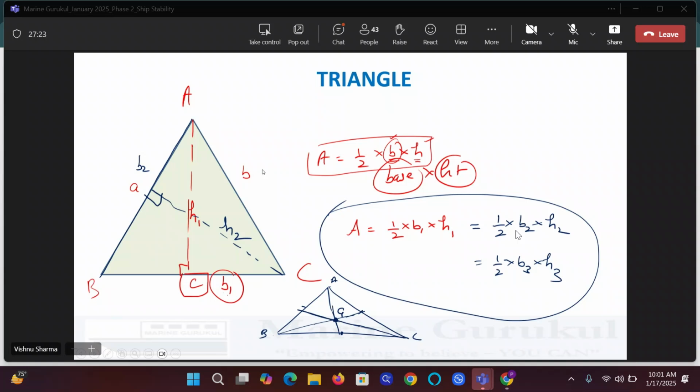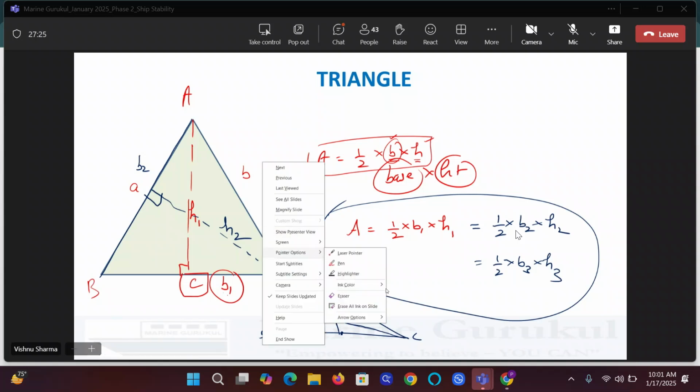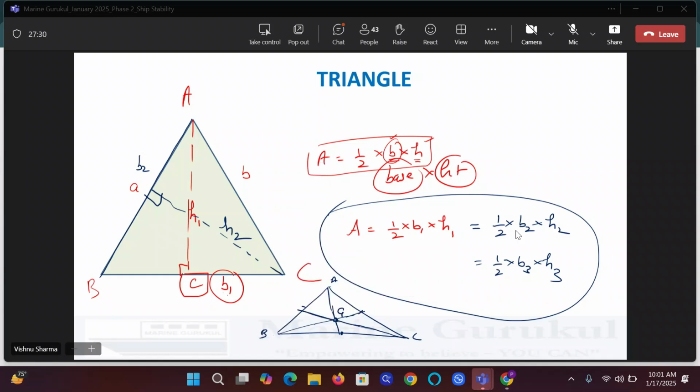And we also know, some of you will be able to recall, that the distance of the geometric center from the base is one third of the height, and from the vertex, it is two-thirds of the height. Now, guys, which base and which height, depending on which base you are taking?